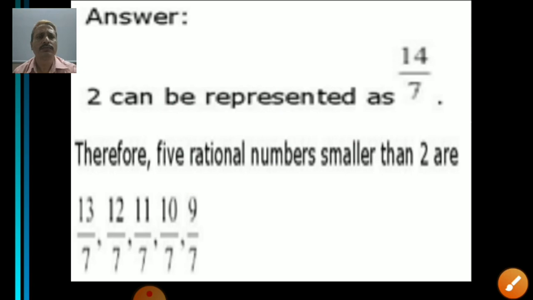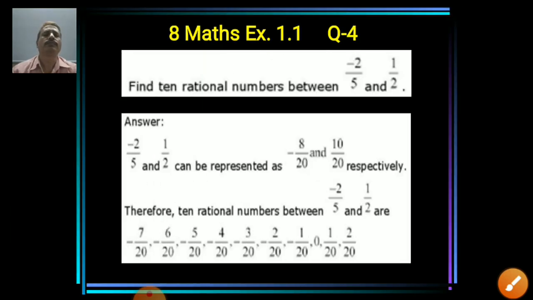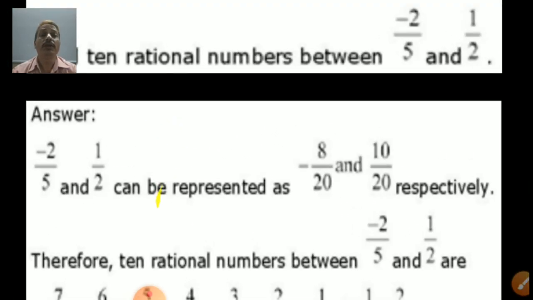Now question 4. Find the rational number between these two fractional numbers. See, between. Sometimes it is very difficult for the students who did not complete practice or did not try to solve the questions themselves.